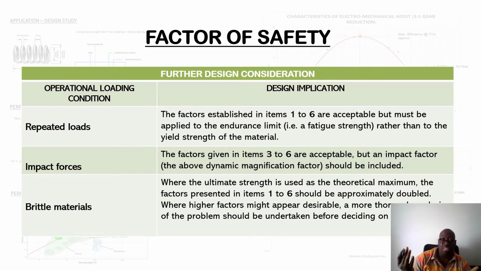Again, impact forces. It might be worth thinking about an impact factor or some measure of dynamic magnification factor, because we know that at the point of impulse, the force within that time period can be considerably high. So what do you do then?